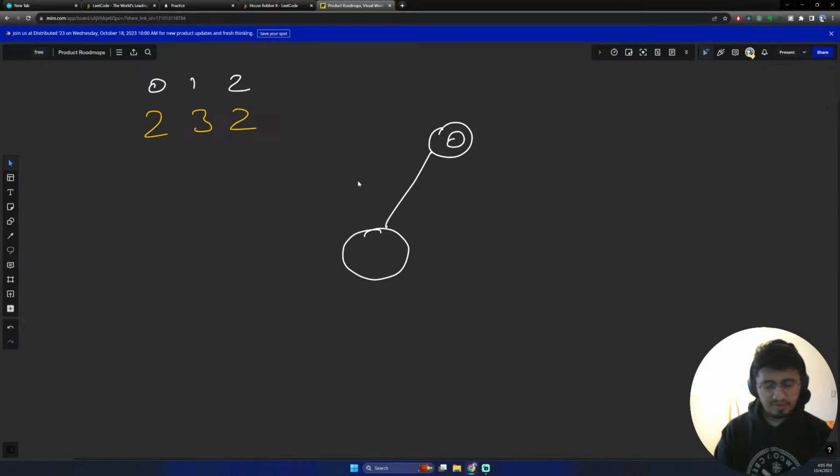So let's say if we take the first house, then we need to make sure that we are not touching the last element. How can we make sure that we are not doing that? So we can have a formula, like the last node would be 2, right?